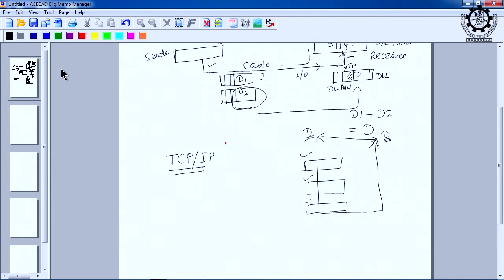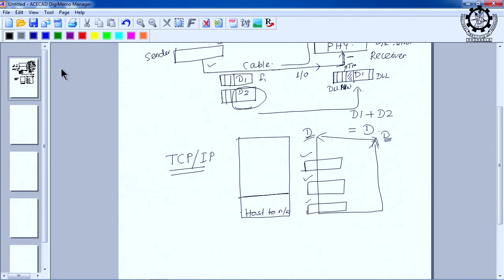So, this model has fewer layers, only 4 layers are present in the TCP/IP model, and the first one is the host to network layer.